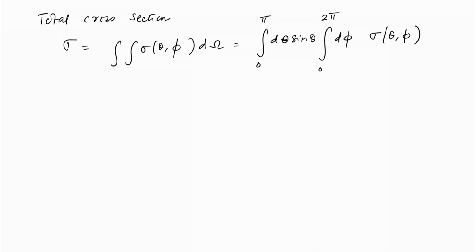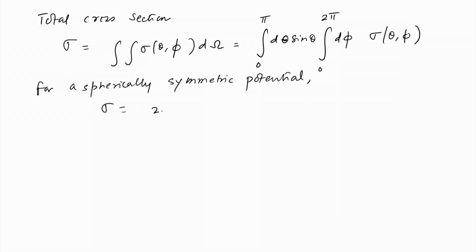So, for a spherically symmetric potential, sigma equals 2 pi times the integral from 0 to pi of sin theta d theta and sigma of theta. Okay, so that is the total scattering cross section, and we need to calculate this.